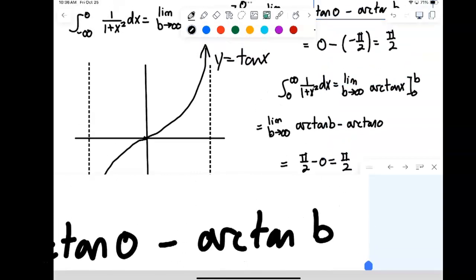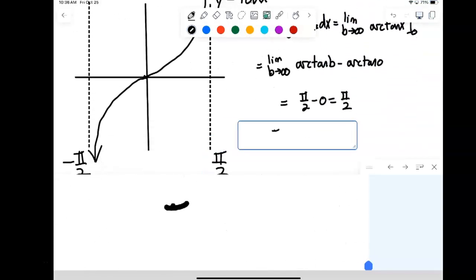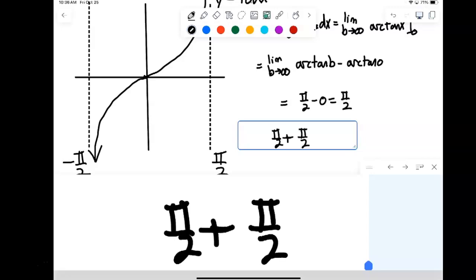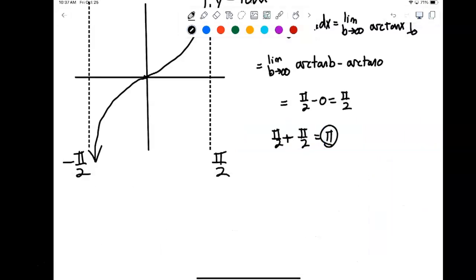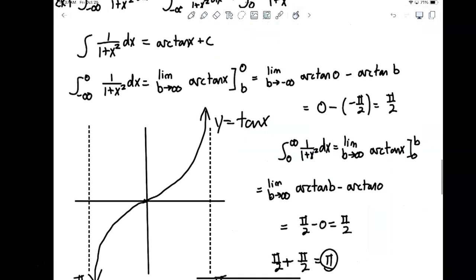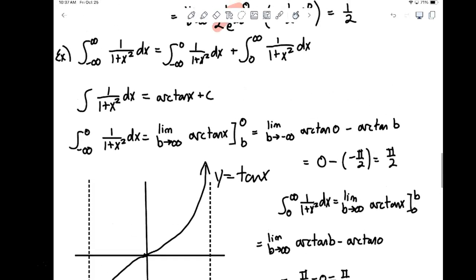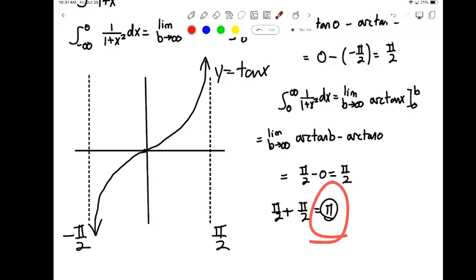And so we put our two pieces together, pi over 2 plus pi over 2 is pi. So it turns out the integral from negative infinity to infinity of 1 over 1 plus x squared is actually equal to pi.